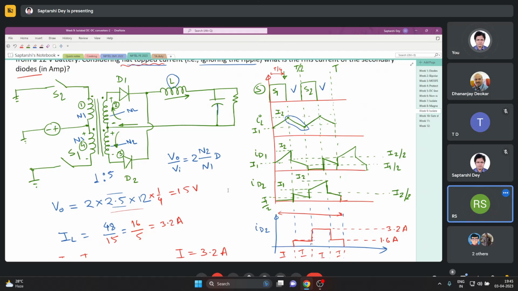A practical transformer has some flux flowing through the core depending on the magnetizing inductance. But again, if you have a load, the load draws some current and the primary draws some current with the ratio n1 by n2, such that those two fluxes cancel each other. So the value of flux remains the same. The full load flux and no load flux are the same for a practical transformer.